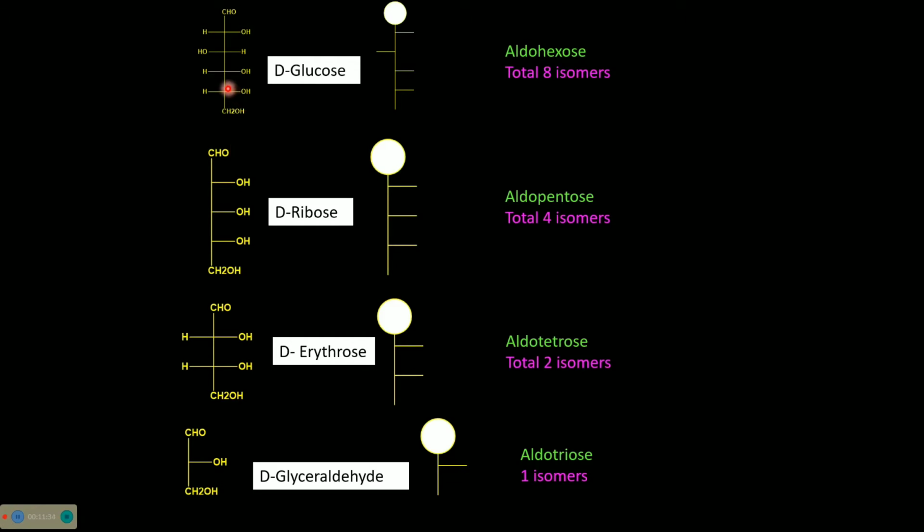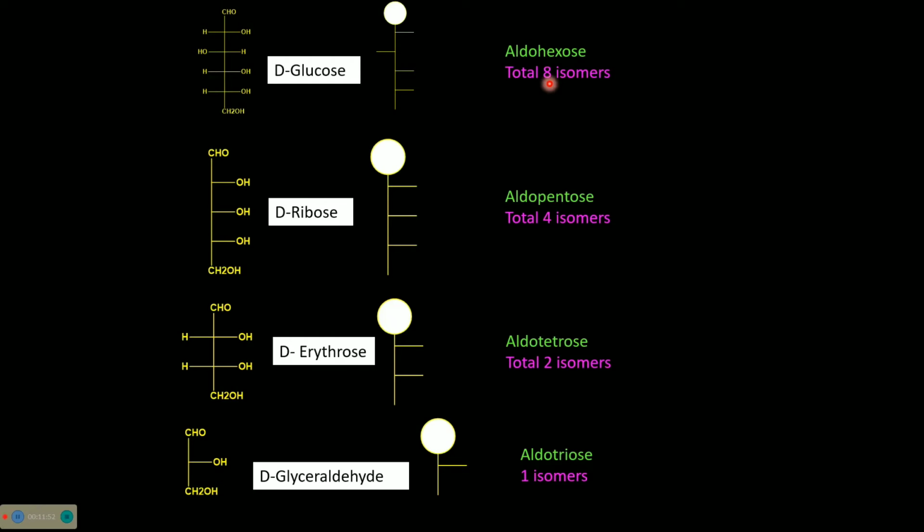Similarly in this case, the stereochemistry is fixed as D. That's why D-glucose has other 1, 2, 3 different chiral centers, so 2 to the power 3 means a total of 8 isomers possible.